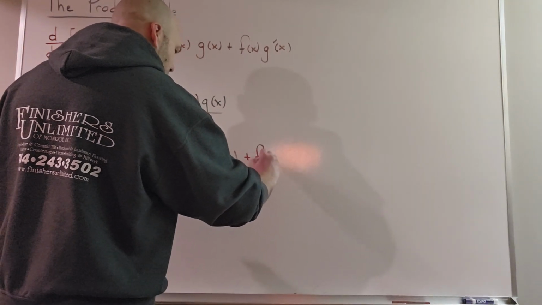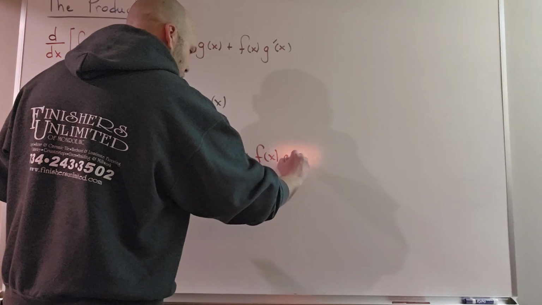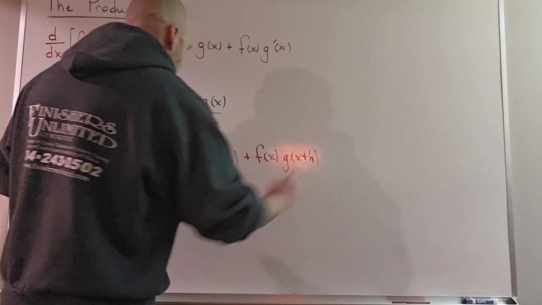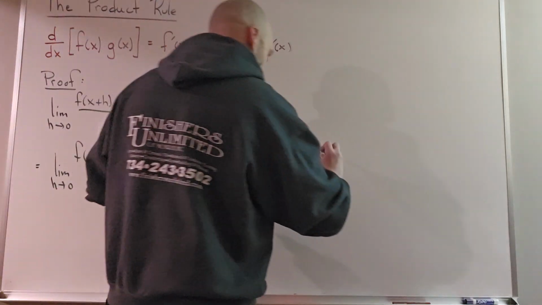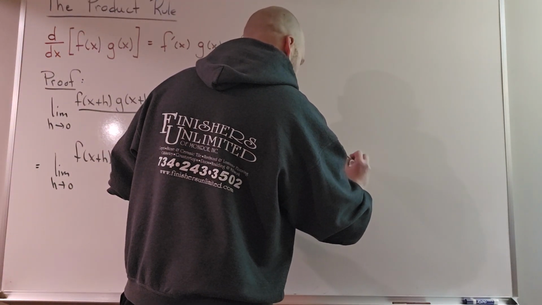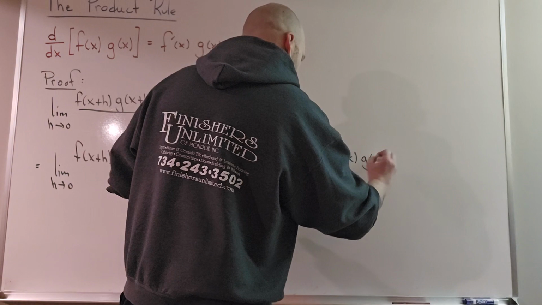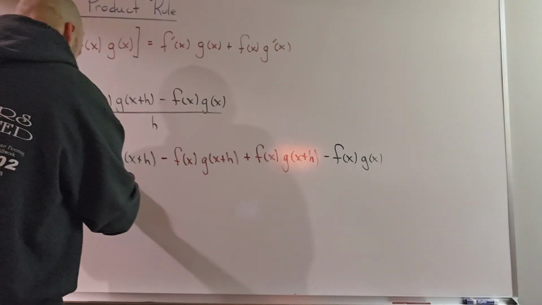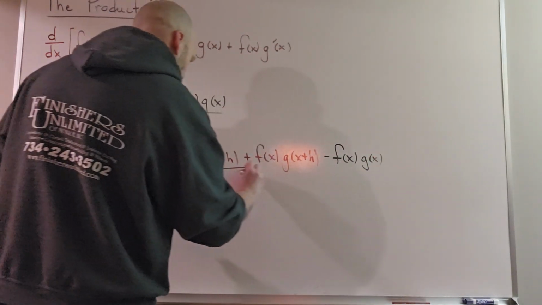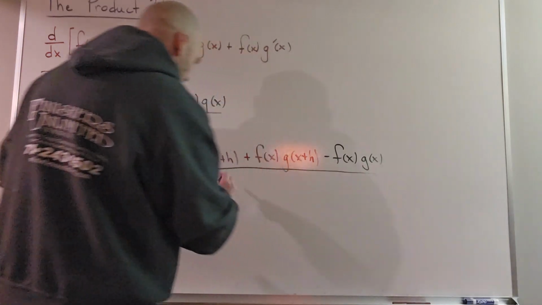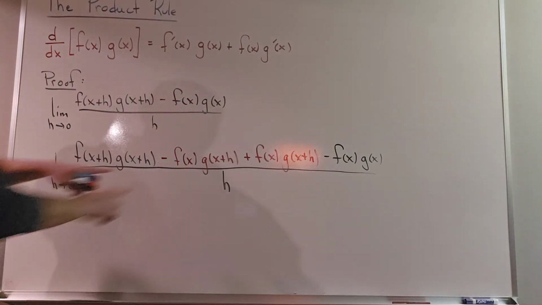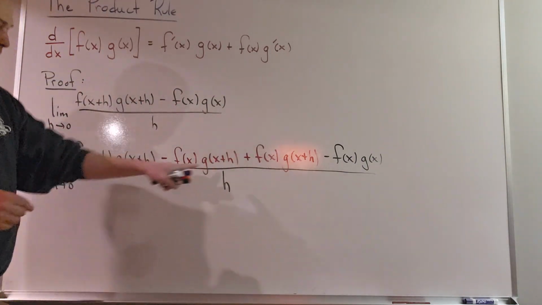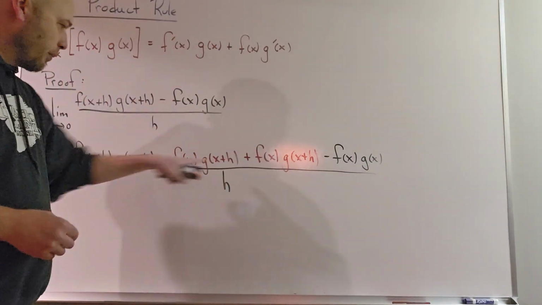Add f of x, g of x plus h, and then I still have my minus f of x, g of x on the end. And that whole thing, of course, is divided by h. All right. Everything in red there equals 0 because it's the same exact term, one with a plus, one with a minus.